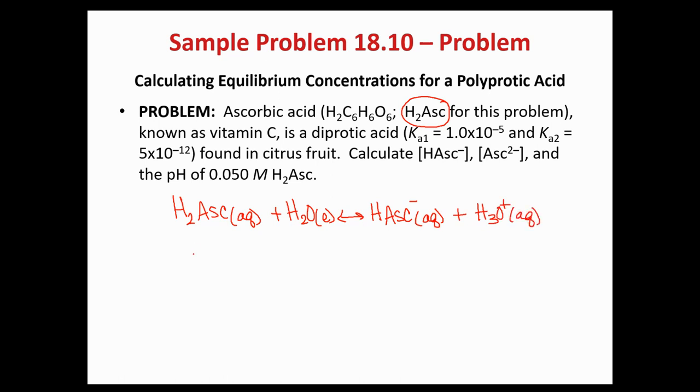And then we could also talk about a second ionization, but let's take a look at the values. So here's Ka1, a weak acid, kind of typical Ka value, but look at Ka2, it's ridiculously small. So the only one that's going to determine the pH is this first one. And then it's just a regular weak acid problem. And hopefully you guys are getting better at those, because those tend to, at some point, seem easy.